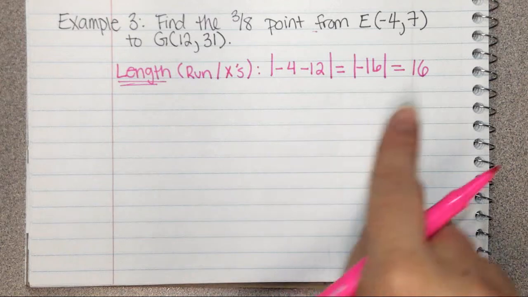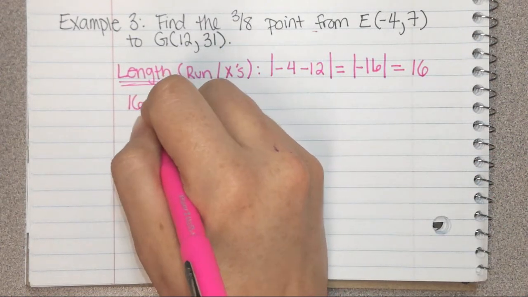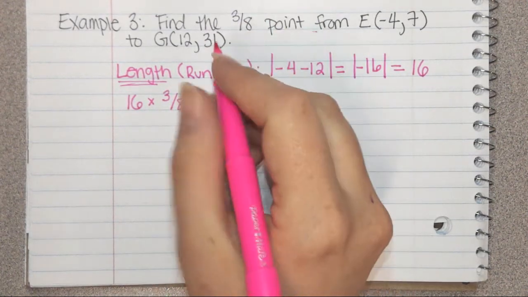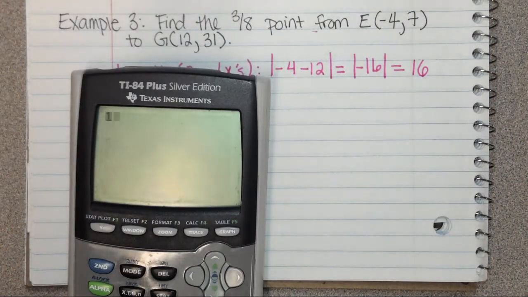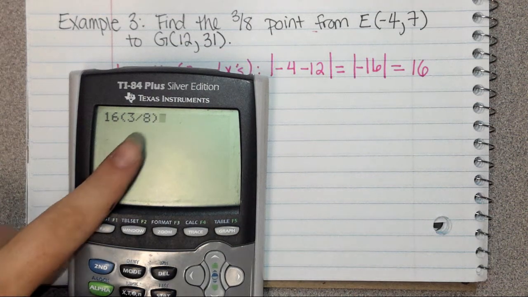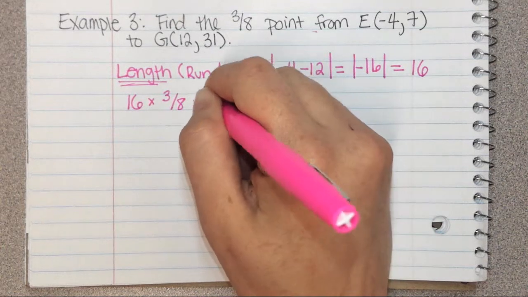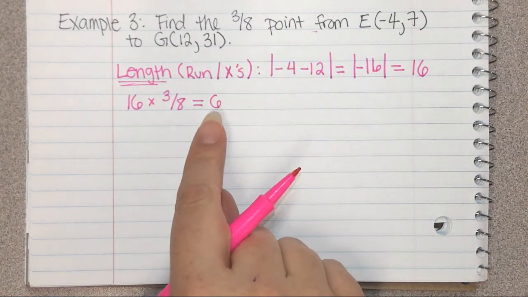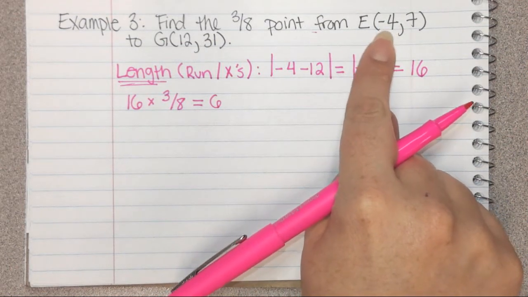Just like we've been doing, what we're going to do with this 16 is take that length and multiply it by our fraction. So 16 times 3/8 is equal to 6. Now the last step is to take this number and add it to our starting point.